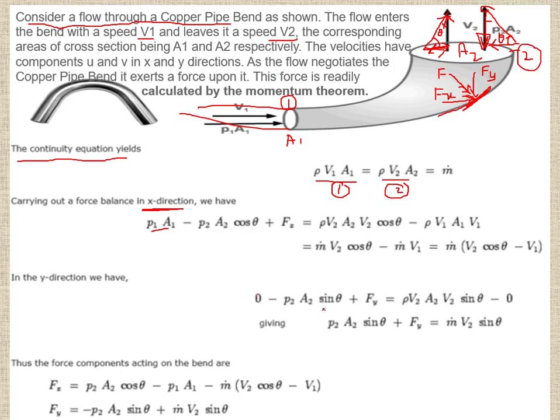At point 2 there is a pressure component with sine theta, and there is a force Fy, the force exerted by the fluid on the surface, and there is a change in momentum. Since at the inlet in the y direction there is no velocity, that momentum is 0. After simplifying, this becomes P2A2 sine theta plus Fy is equal to m dot V2 sine theta.